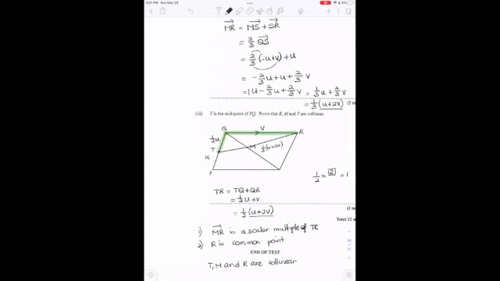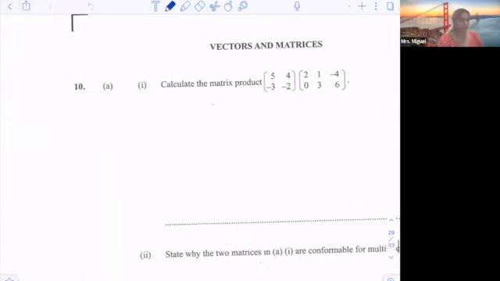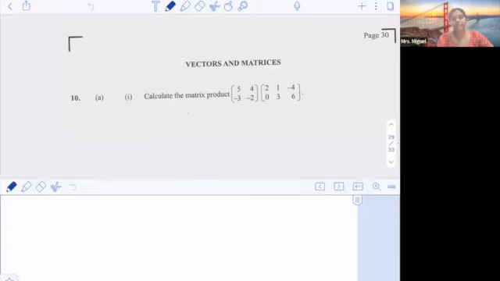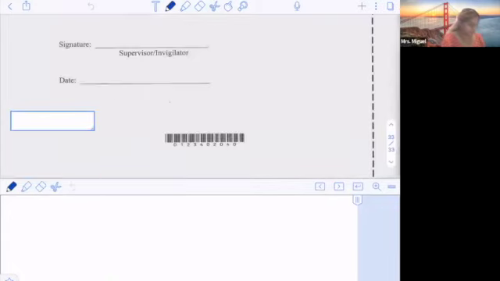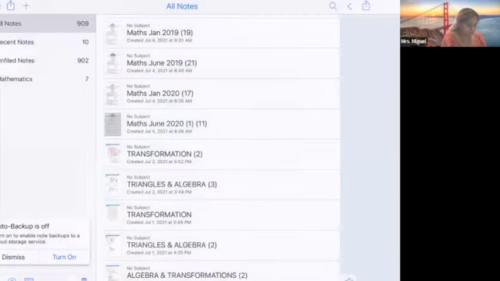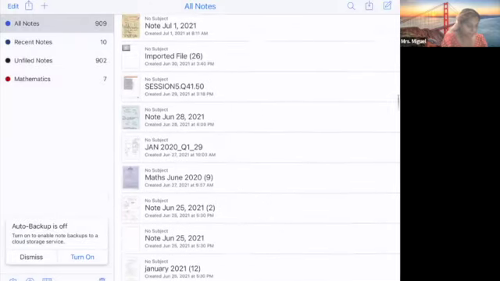No, miss. All right, so we are going to do the vectors and matrices question. This is taken from the most recent past paper, the 2021 paper.